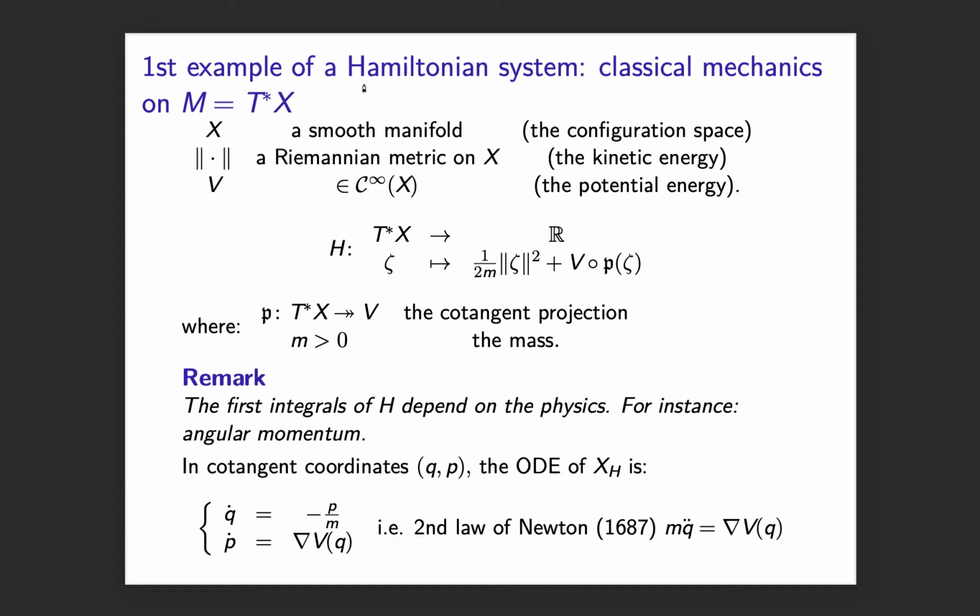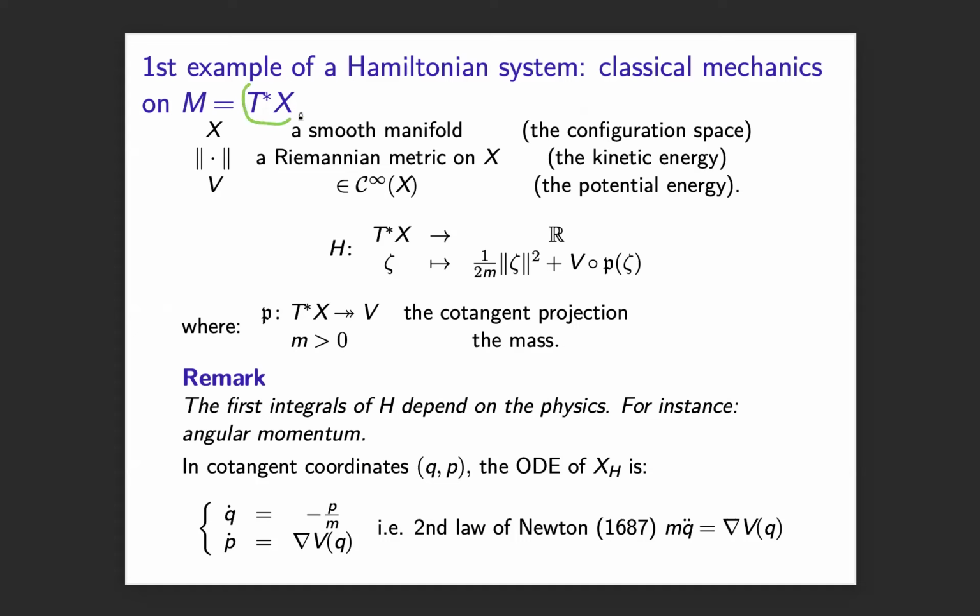So I should recall that T star of X is canonically equipped with a symplectic form and therefore canonically equipped with a Poisson bracket. So we just saw that by every symplectic structure, you can construct Poisson brackets.